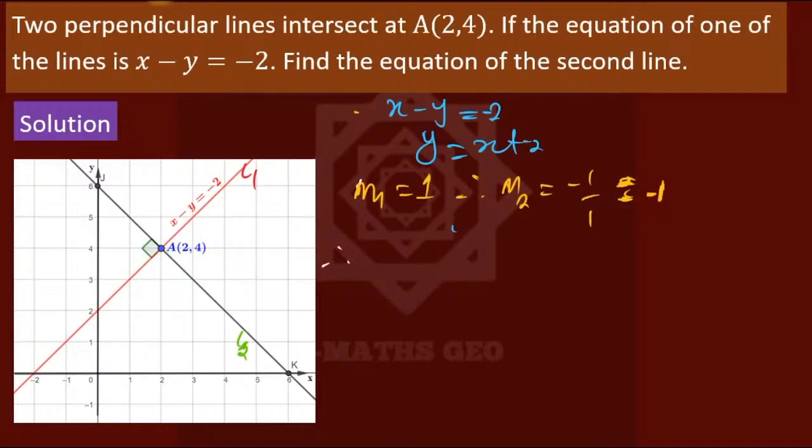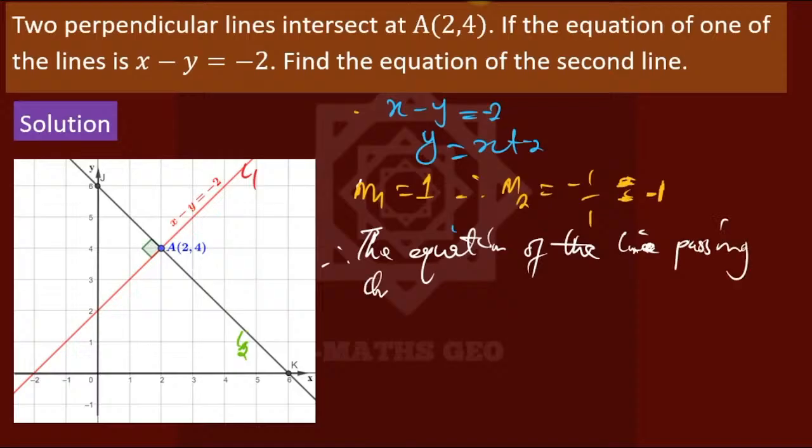Therefore, the equation we are looking for is the equation of the line passing through the point of intersection. As they said, they meet at that point, so the two pass through that same point.